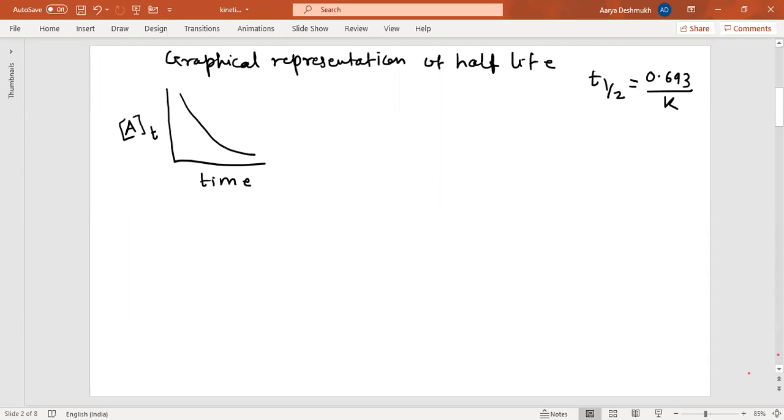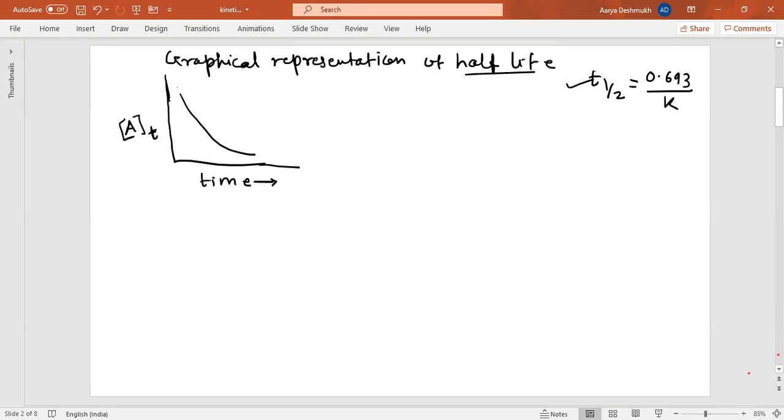Okay, now this is your time increasing in this direction, and this is the concentration at that particular time. Now how do we apply this to this half-life here, to this equation rather?